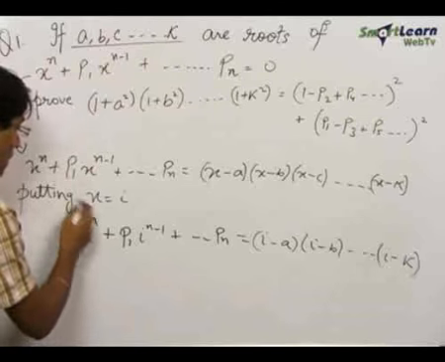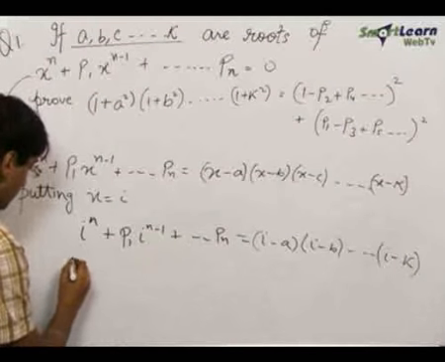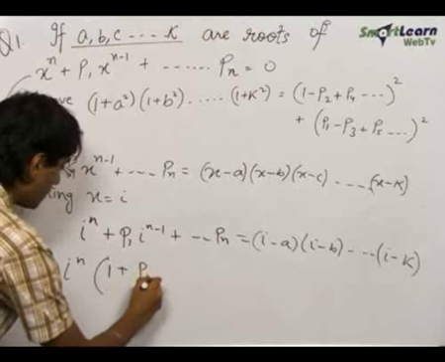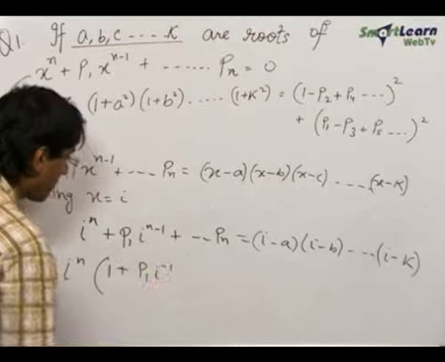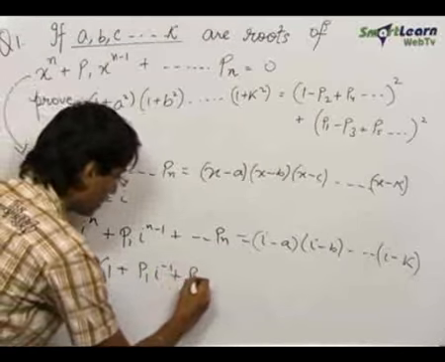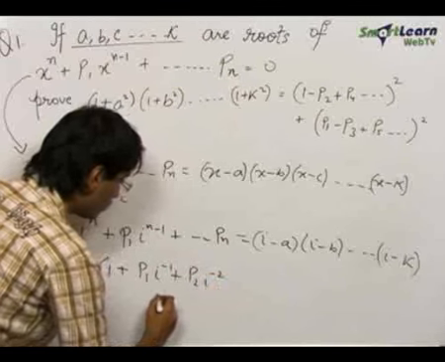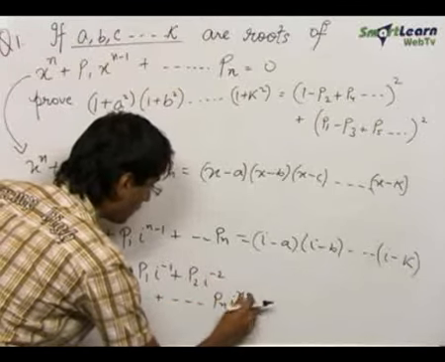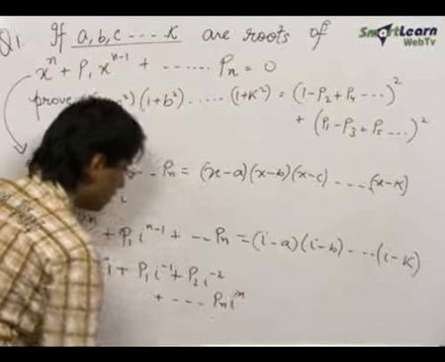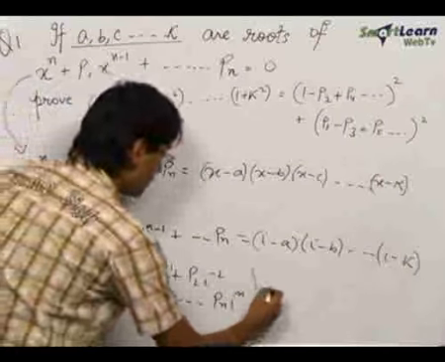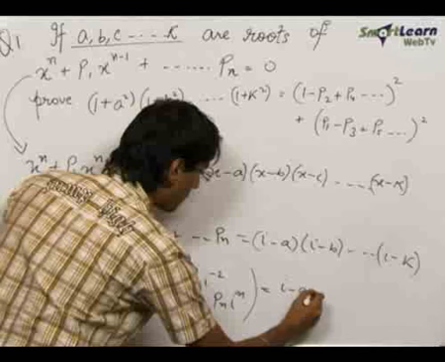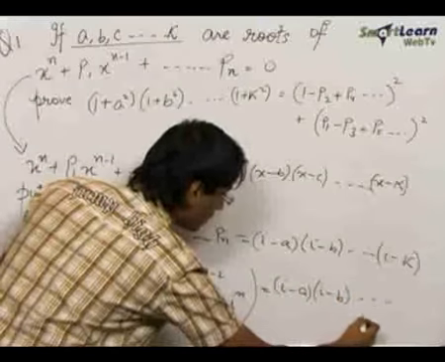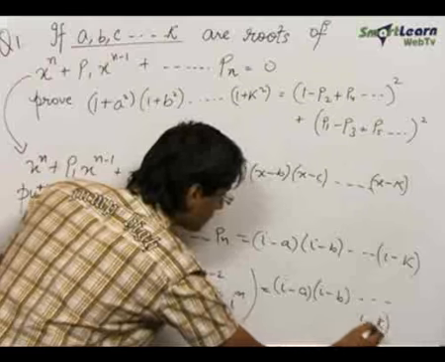Now taking iota power n common from this entire expression, we get 1 plus p1 into iota power minus 1 plus p2 into iota power minus 2 up till pn into iota power minus n is equal to iota minus a, iota minus b up till iota minus k.